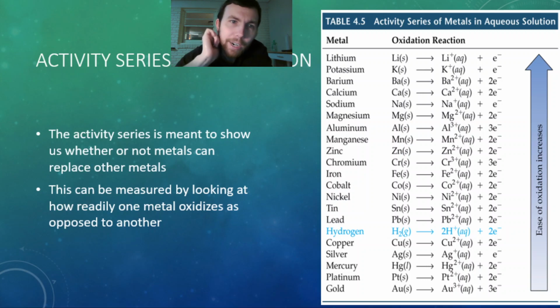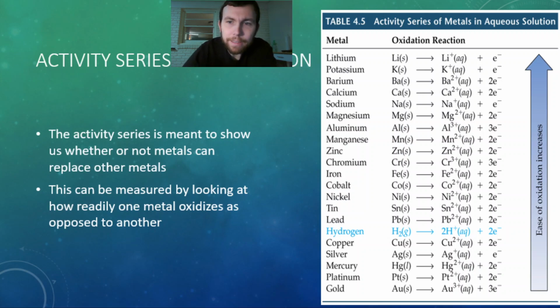Okay, so the higher up it is on the activity series, the more readily it's willing to lose electrons and become an ion. And that should make sense to us, right? So that just gives us a little bit of information about activity series and how that plays into our single replacement reactions and what it actually tells us about oxidation.